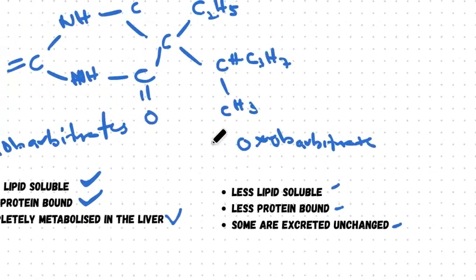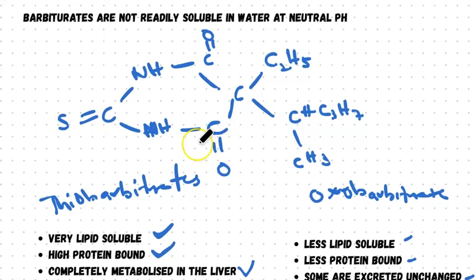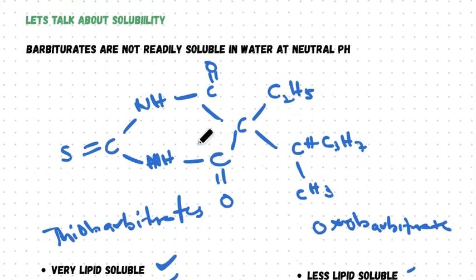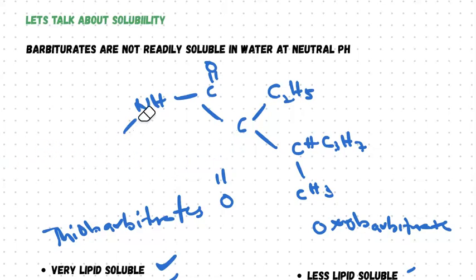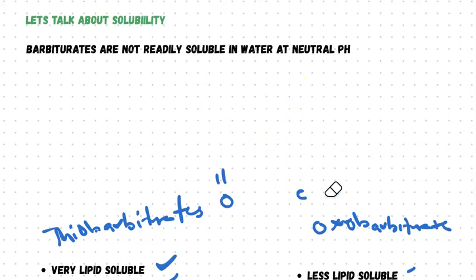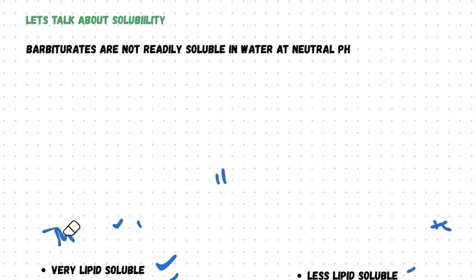Okay, so apart from the sulfur giving it solubility, there is something else that we need to know. When we constitute barbiturate or thiobarbiturate, we constitute it into an alkaline environment. This alkaline environment favors the tautomerism of sodium thiopental from its keto to enol form. Let me show you.